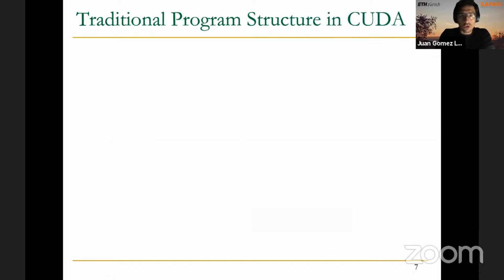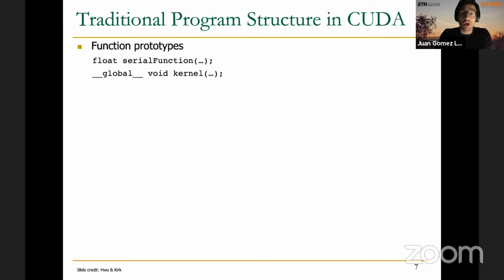Continuing with the program structure, we are going to use these function prototypes. Usually, you guys are familiar with C or C++ programming. You know that this is the normal declaration of a function in C, a function that is going to execute on the CPU. When it comes to declaring the kernels that run on the GPU, the syntax is very similar, but we add this __global__ qualifier to make sure that the compiler understands that this is a kernel that will run on the GPU.